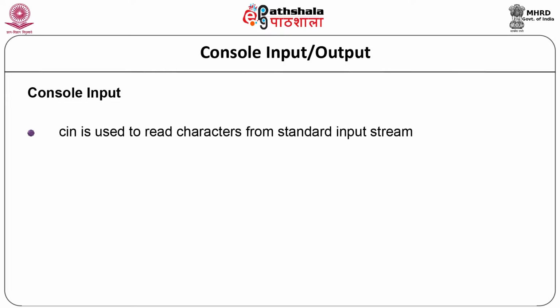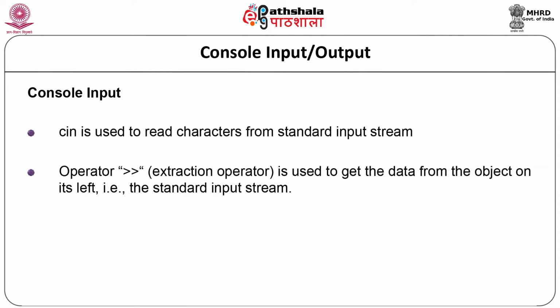The binary operator >> is also known as the extraction operator, which is used to get the data from the object on its left, the standard input stream, and tries to store it in the memory location associated with the variables towards its right.